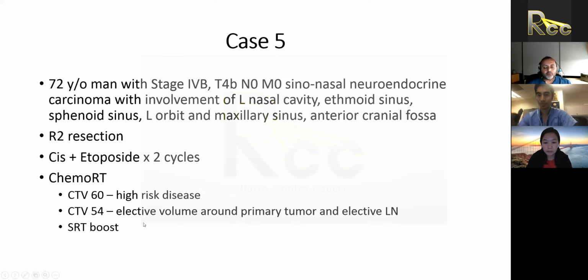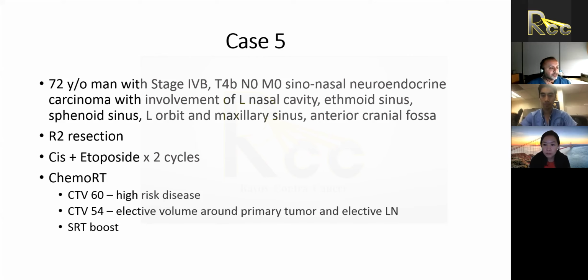You can certainly say, what about protons? I will tell you that I find protons to be very challenging in sinonasal cases for 2 reasons. One, unlike photons, where the dosimetry with the air-tissue interface is robust and not variable depending on sinus fillings, proton dosimetry is highly variable with your sinus content filling.